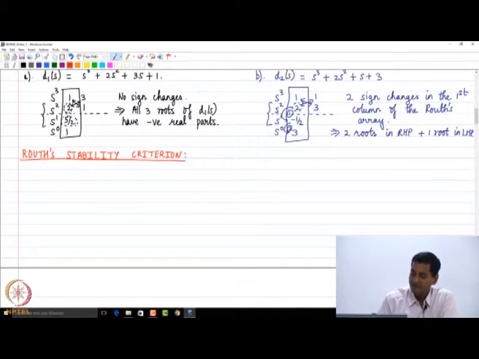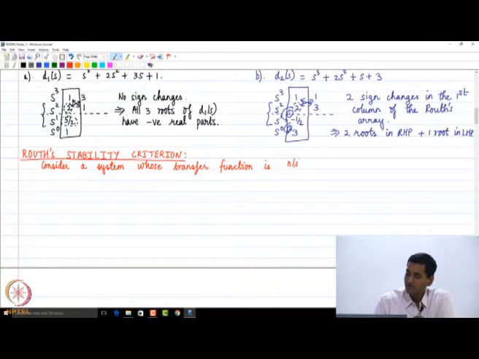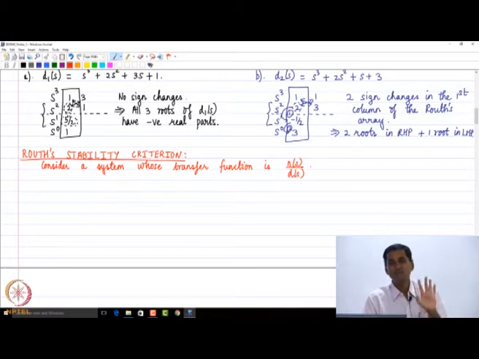So consider a system, it can be open loop or closed loop, whose transfer function is of the form N(s) divided by D(s). Let's say we assign whatever symbol we want.